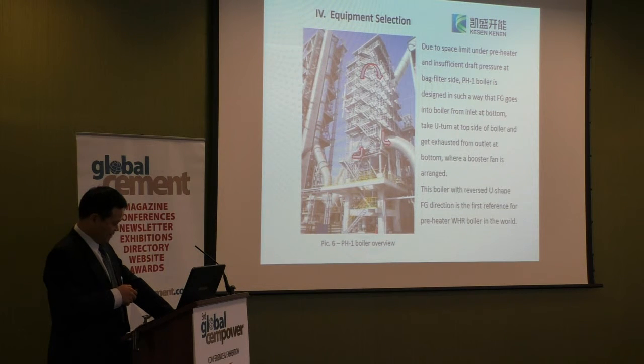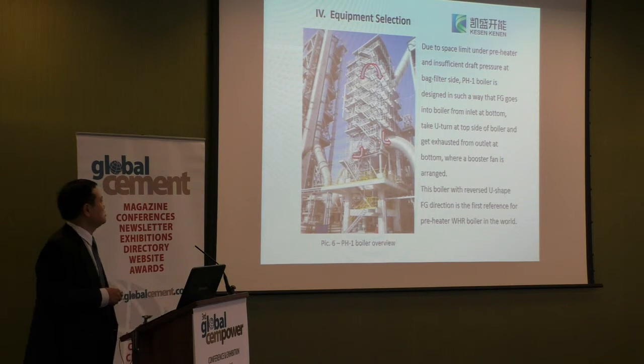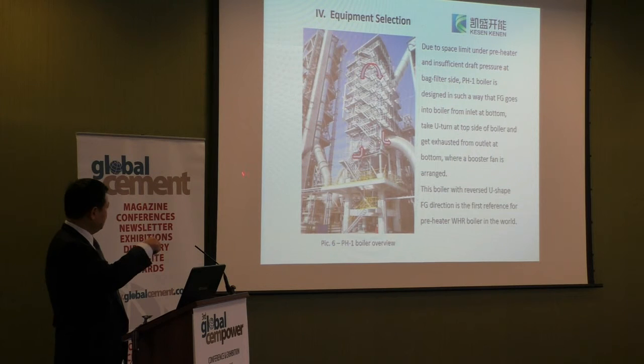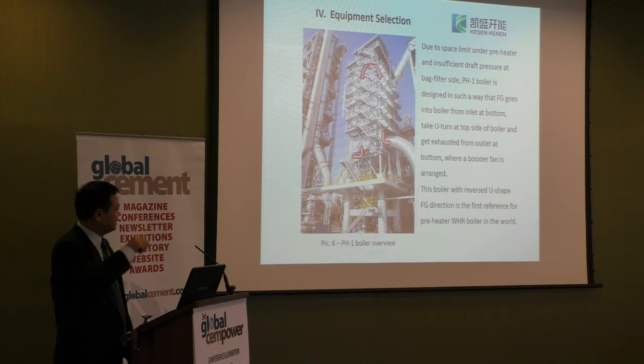This boiler is quite unique due to the space limit at the preheater and insufficient draft pressure on the filter side. The PH boiler is designed in such a way that the flue gas goes into the boiler from the bottom, goes up, and this is the outlet gas. That one is the inlet, so it's a U shape.